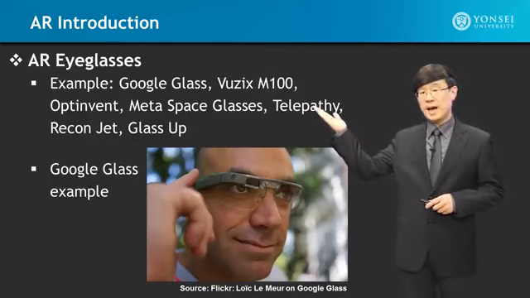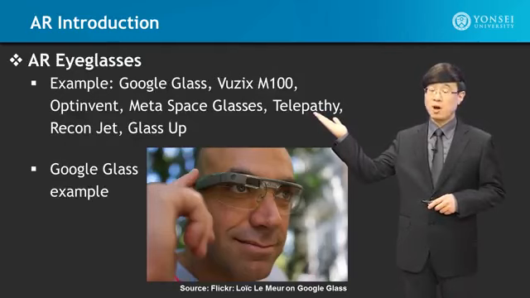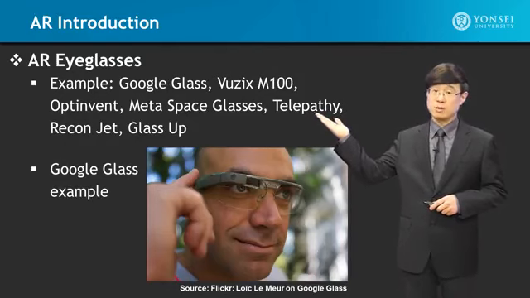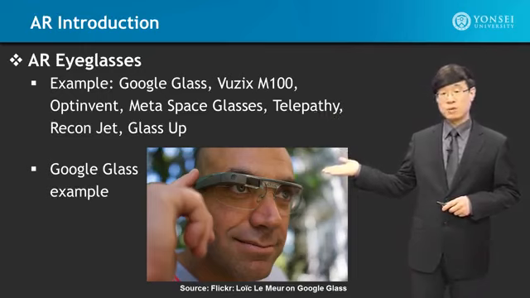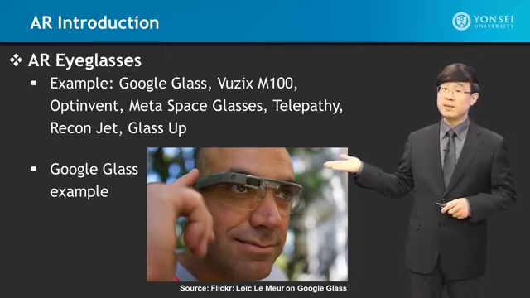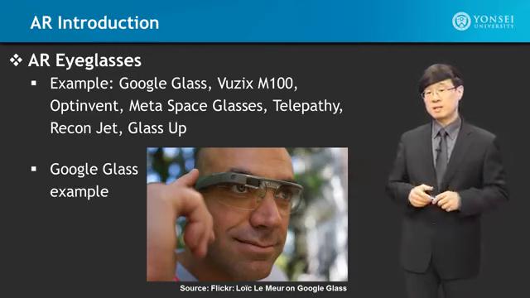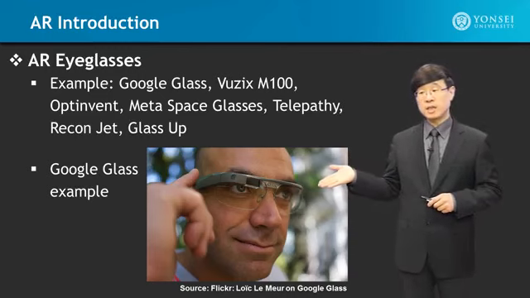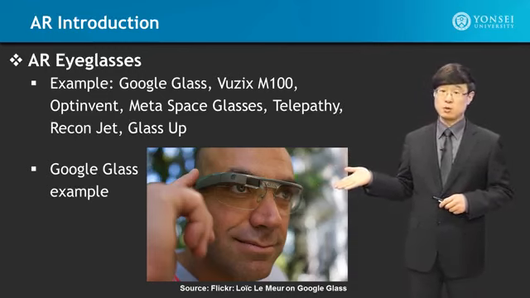Augmented reality eyeglasses. These are the second best platform for implementing augmented reality for individual users. The Google Glass is one of the premier, earliest products that showed the potential for augmented reality to be implemented on glasses. From the outside, other people may not see what is projected on the inside for the individual user.